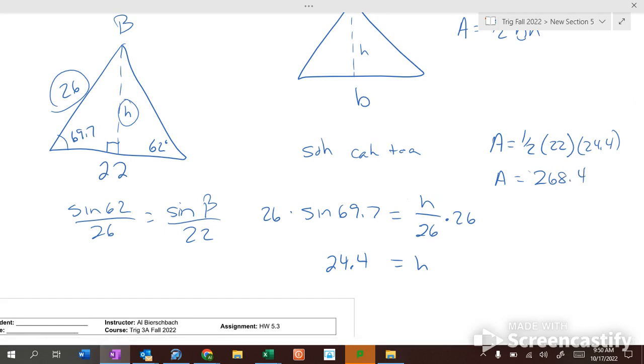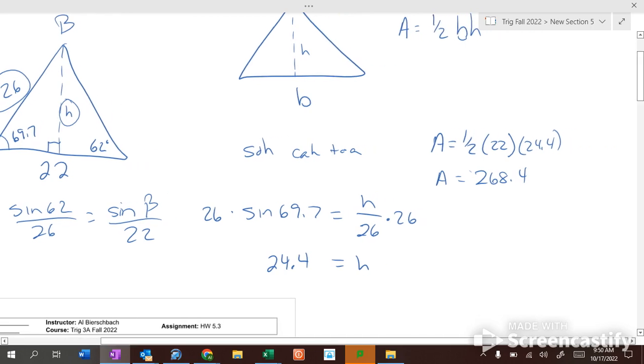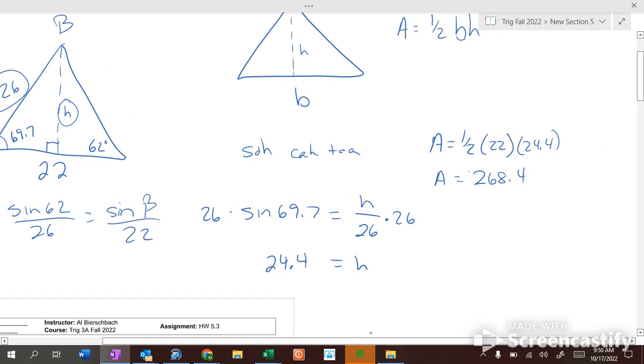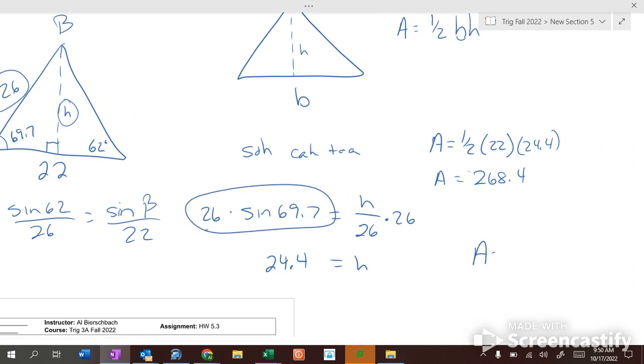Now, could we simplify that process a little bit? Because the area is 1/2 the base times the height. This is the height. So really the area is 1/2 the base, which is one side, let's call it A, times another side, B, times the sine of the angle that they surround, C, or gamma.